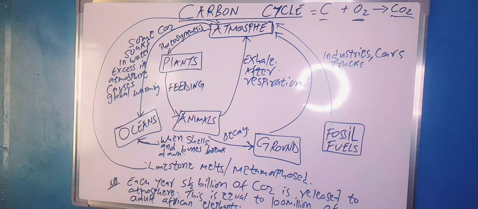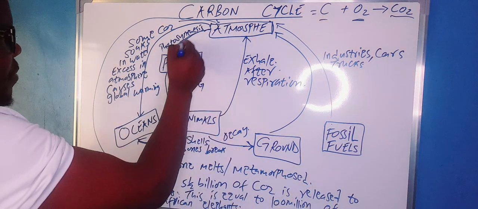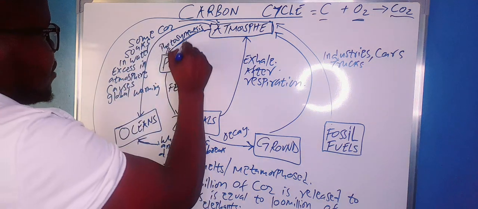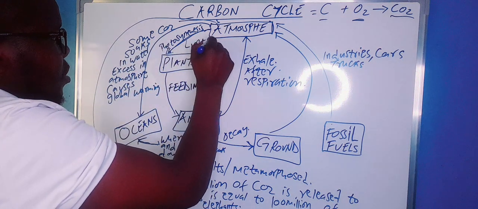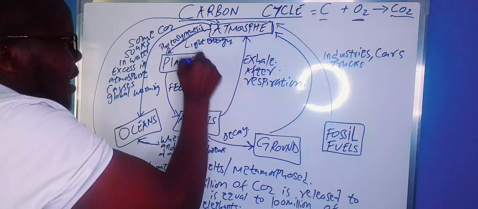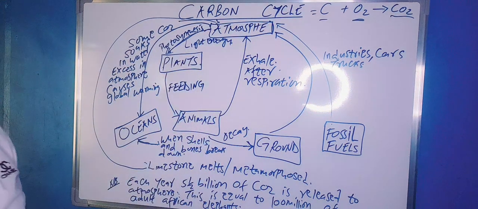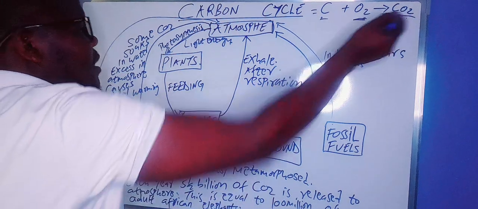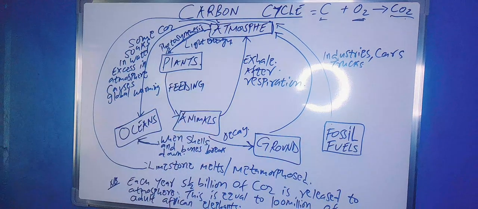Let's check first the carbon. Through the photosynthesis process in the presence of light energy, the plants will take and use this carbon dioxide. So we are saying carbon, oxygen, in the presence of the light energy.